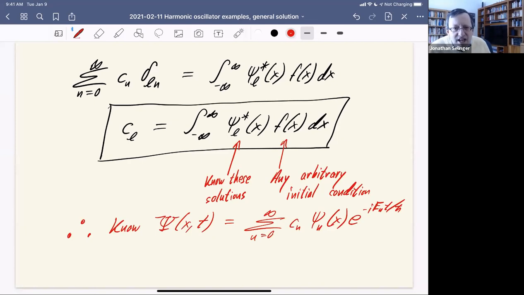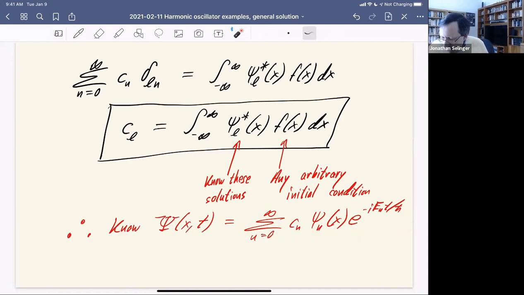In each case, there's a set of quantum states, and each state has its own energy. And so you get this general solution that's a combination of these different states and the time-dependent exponentials.